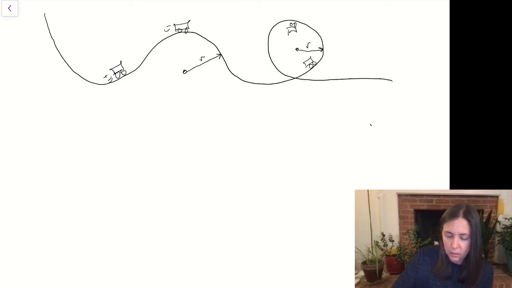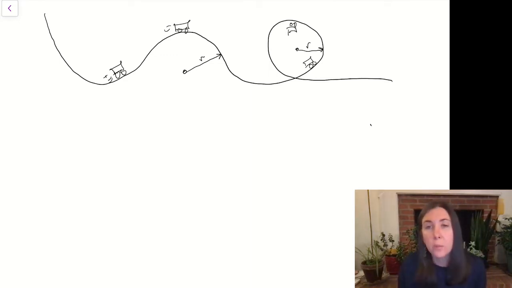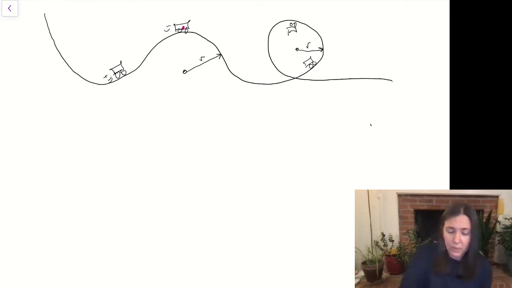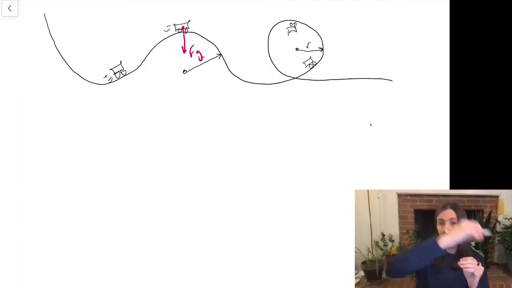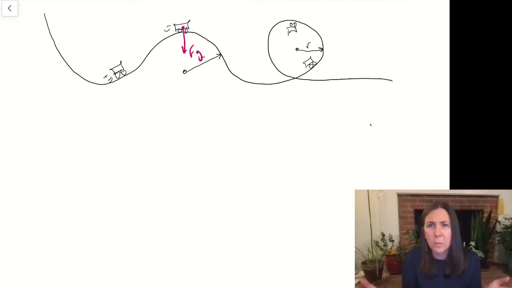If I were to draw the free body diagram of the car at the top of the hill, this is not a weird idea. We have the force of gravity on this car and it pulls downward. As this car goes over the hill, there's also a normal force of the surface of the hill on the car, an upward force.